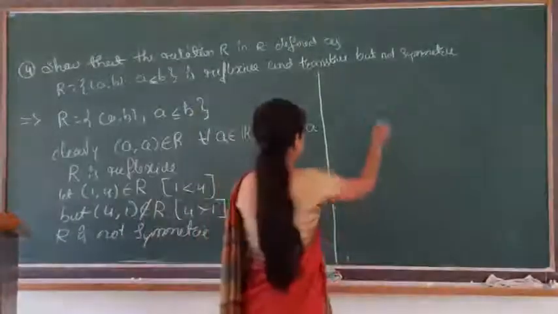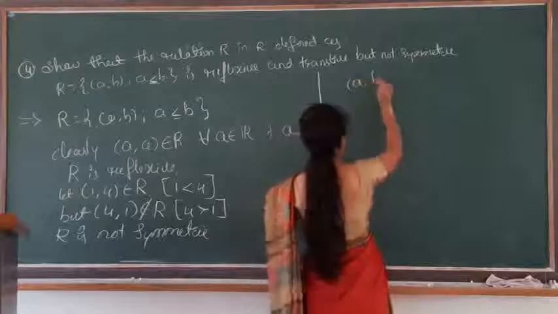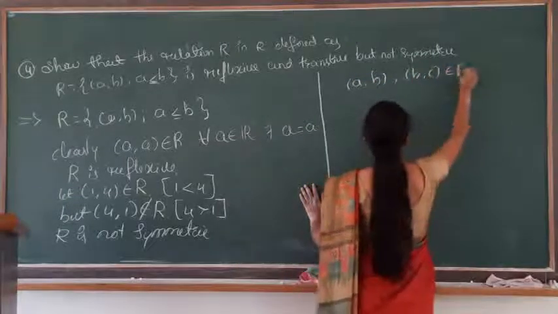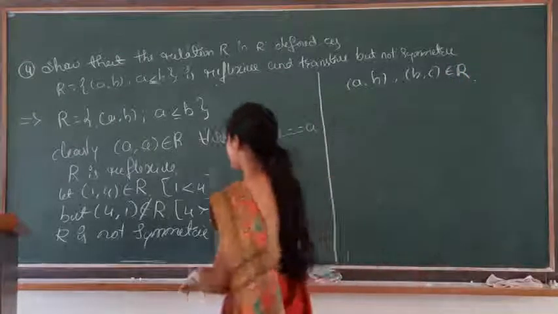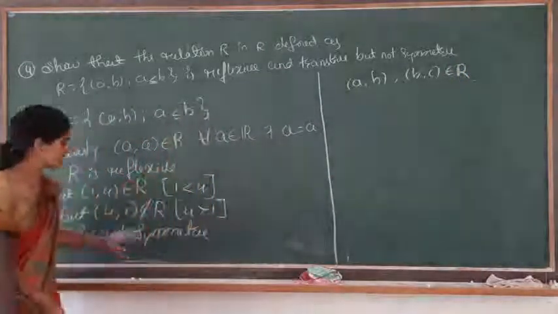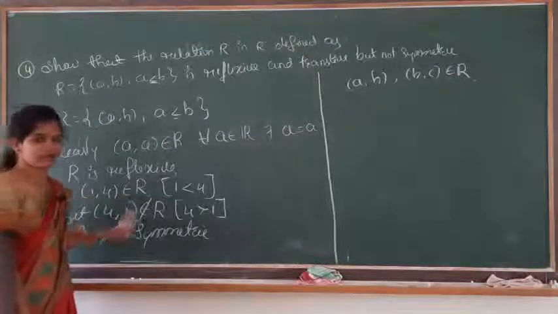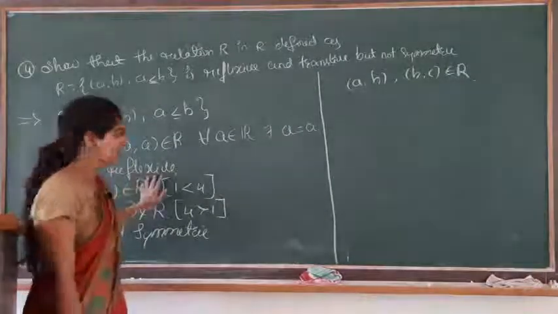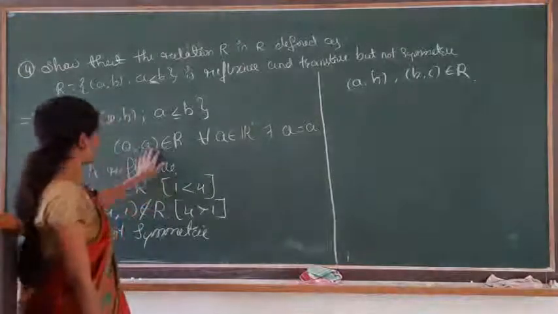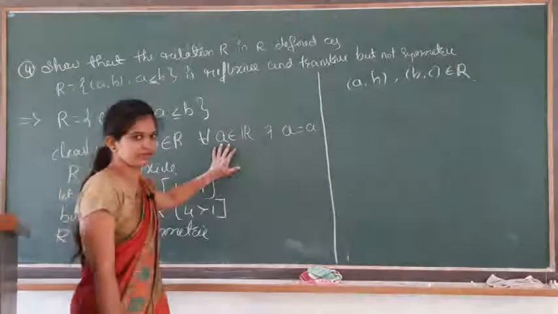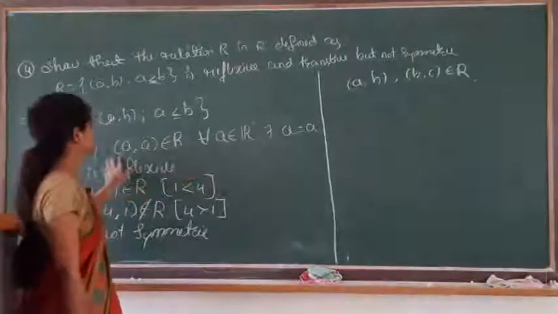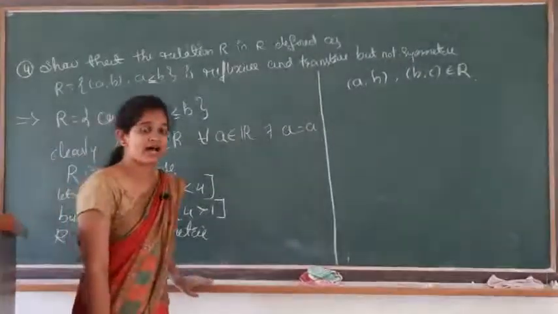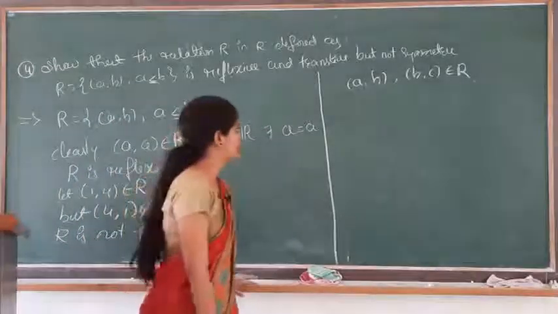Suppose a, b, c belong to R. Here R is not symmetric, because I gave a counter example for this. R is reflexive, as shown in the general mathematical form. And now we have to show whether R is transitive or not.